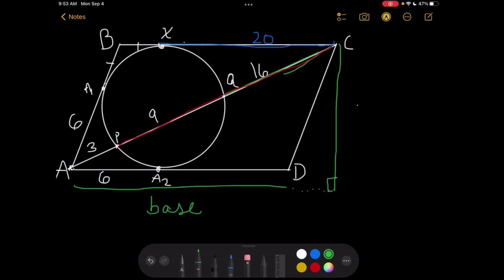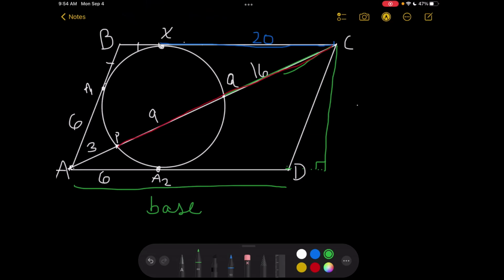If we extended the base like this, when it meets the height, it'll form a 90-degree angle, or those two segments will be perpendicular. So that's the height. So we need to find the height and the base. Actually, let me draw the height a bit better. This is our height. If we extend the base like this, it'll make a 90-degree angle.